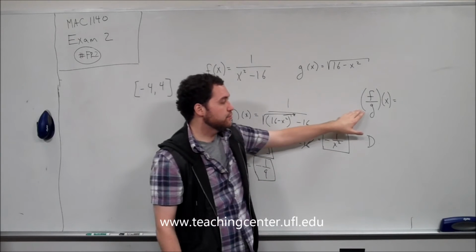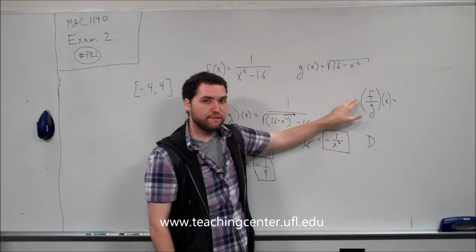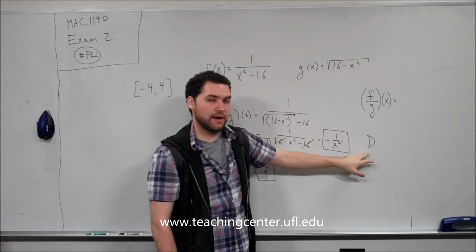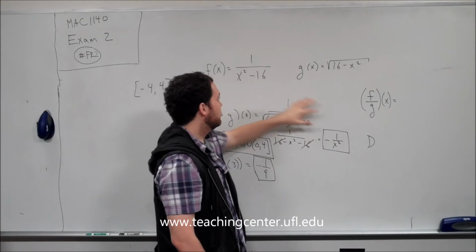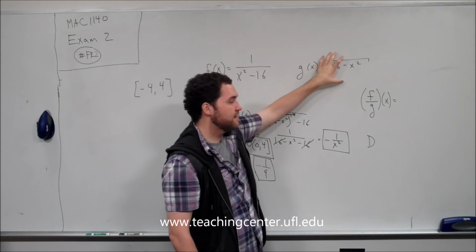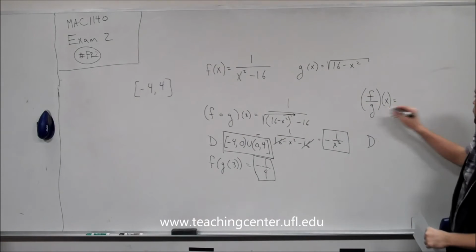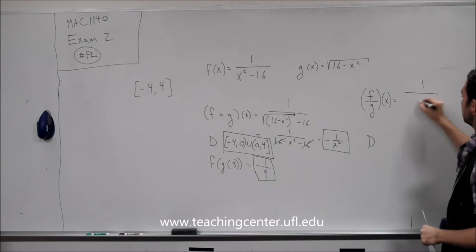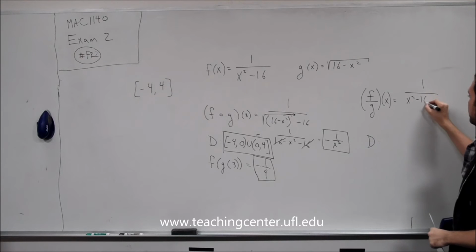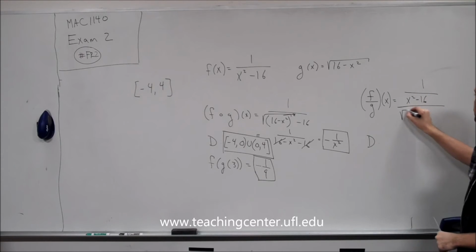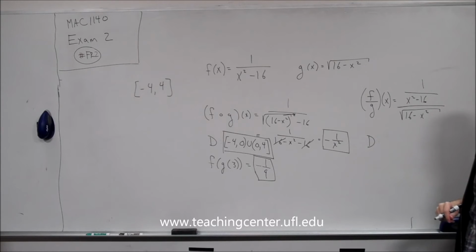Then they ask you two more questions. They say, what's f divided by g and its domain? All that is just taking this function and dividing it by that function. So we have this function, 1 over x squared minus 16, divided by the square root of 16 minus x squared.